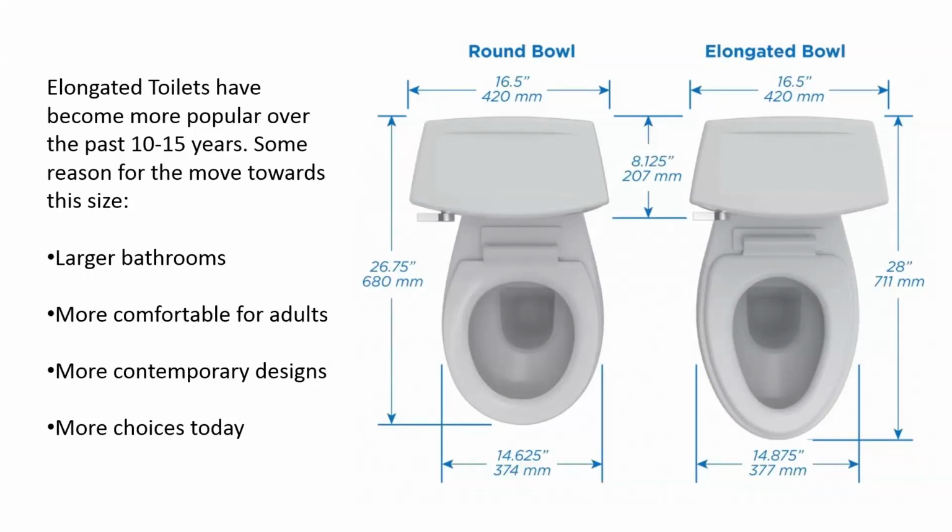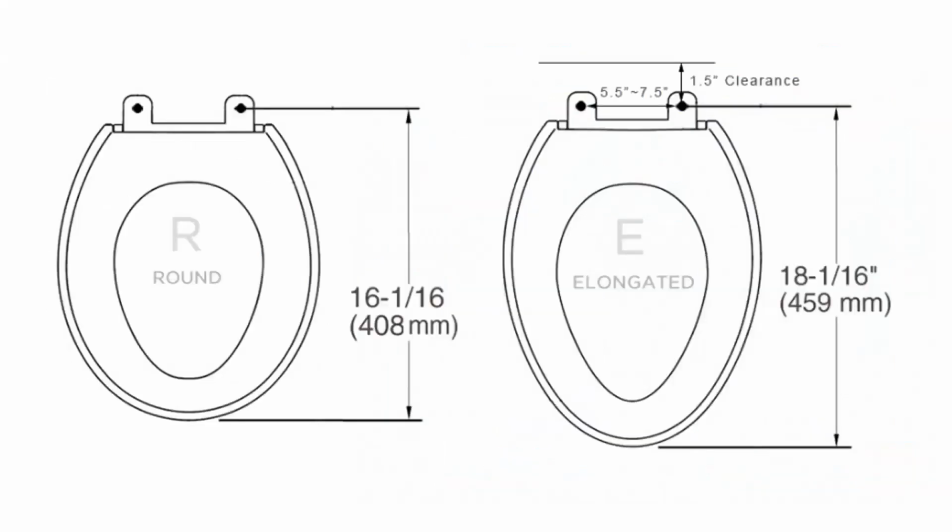But we have really seen a move towards elongated toilets, and you can see here the bullet points for really why this has happened and where you can see the trend going. And if you look at the seats that come on these toilets, or you can buy for the toilets, the standard lengths are pictured here, and you can see it is only a 2-inch difference between a round and elongated toilet. However, if you're in a tight space, that 2 inches can make quite a difference if you immediately have a wall right across from your toilet.